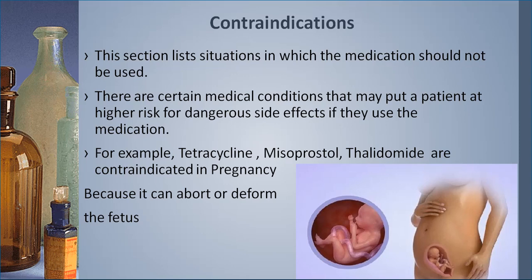Contraindications are the conditions a patient may have that may not permit them to take particular medicines, basically. So this section lists situations or conditions in which the medicine should not be used. There are certain medical conditions that may put a patient at higher risk for dangerous side effects if they use the medicine. For example, I'm giving tetracycline.